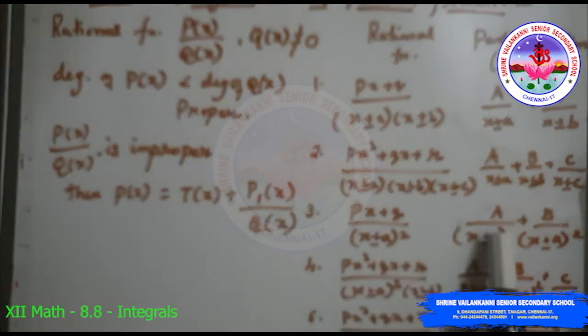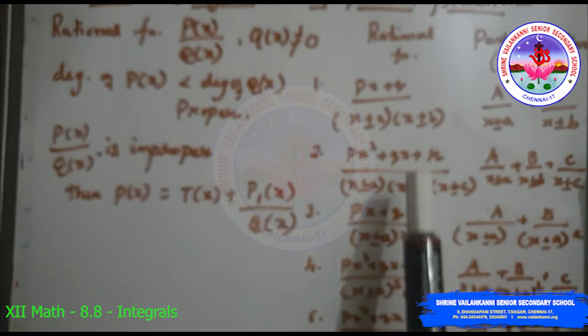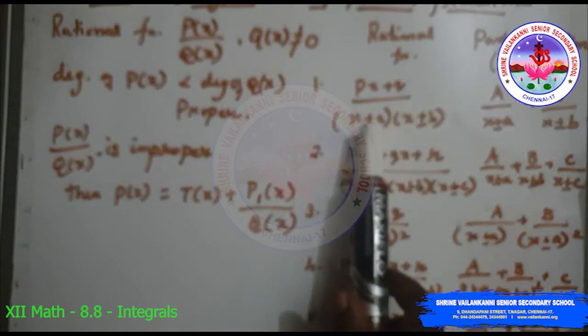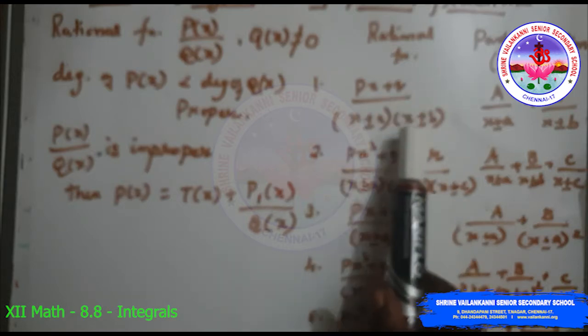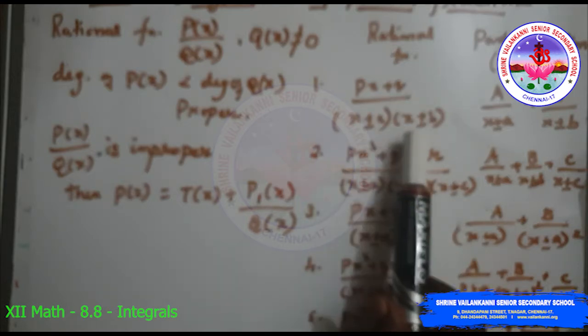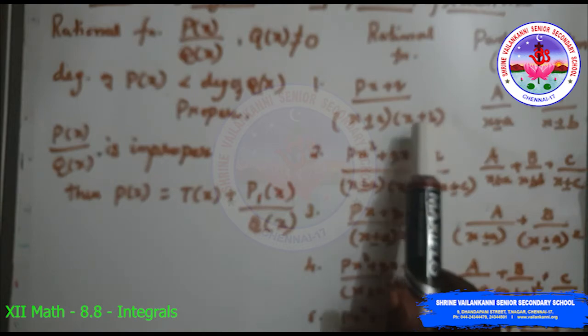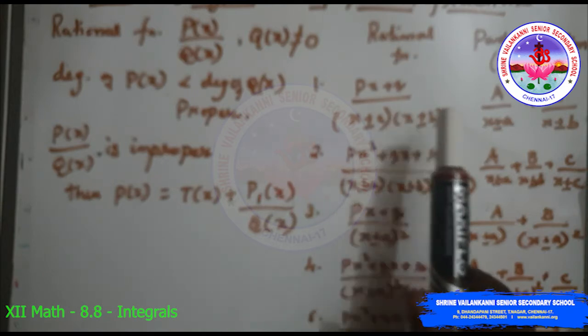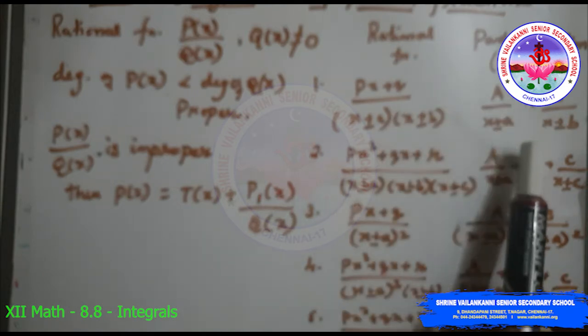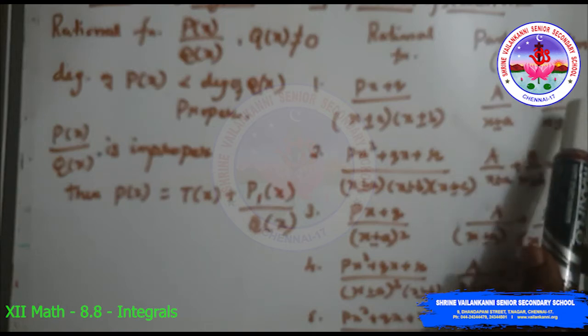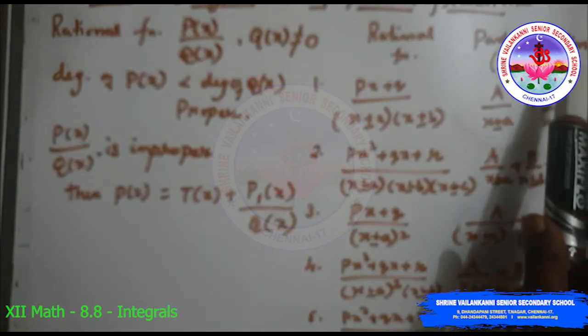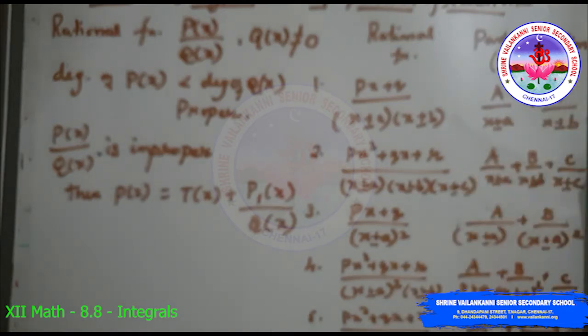So this table indicates the types of simple partial fractions that are to be associated with various kinds of rational functions. If a rational function is in the form of px plus q by x plus or minus a into x plus or minus b, it is written as a by x plus or minus a plus b by x plus or minus b in partial form.